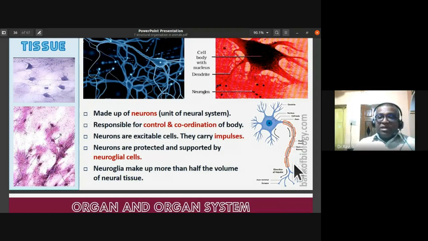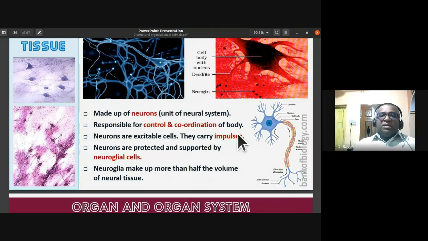The axon branches to form telodendria, and they end up with button-like structures called synaptic boutons. They form the synapse junction there.